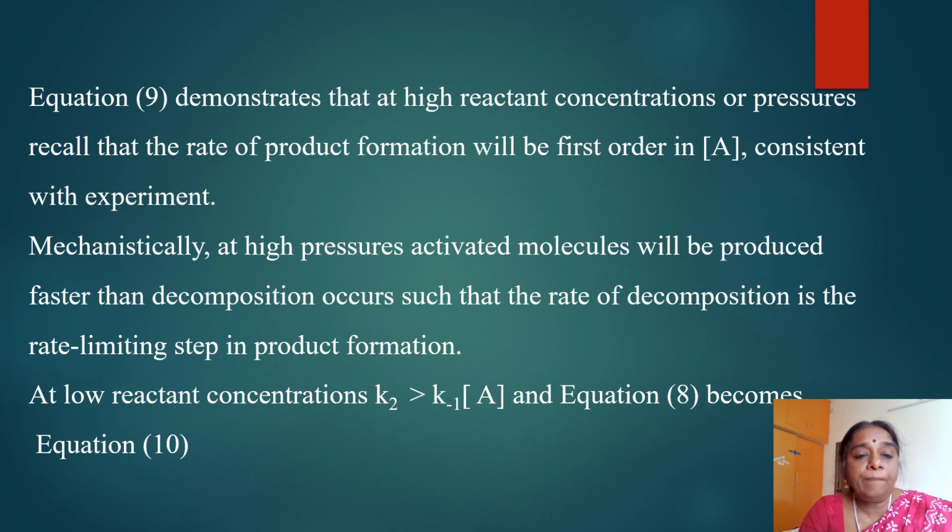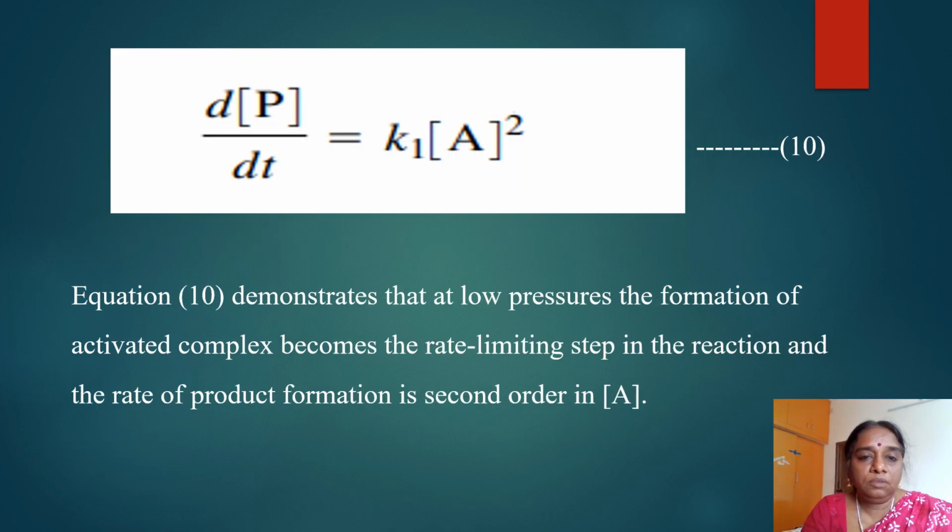Whereas what happens at low concentrations is the rate constant K2 will be greater than K inverse into A, and equation 8 will change into equation 10, which is shown in the next slide. The net reaction rate, dP by dt, will be equal to K1 into concentration of A squared.